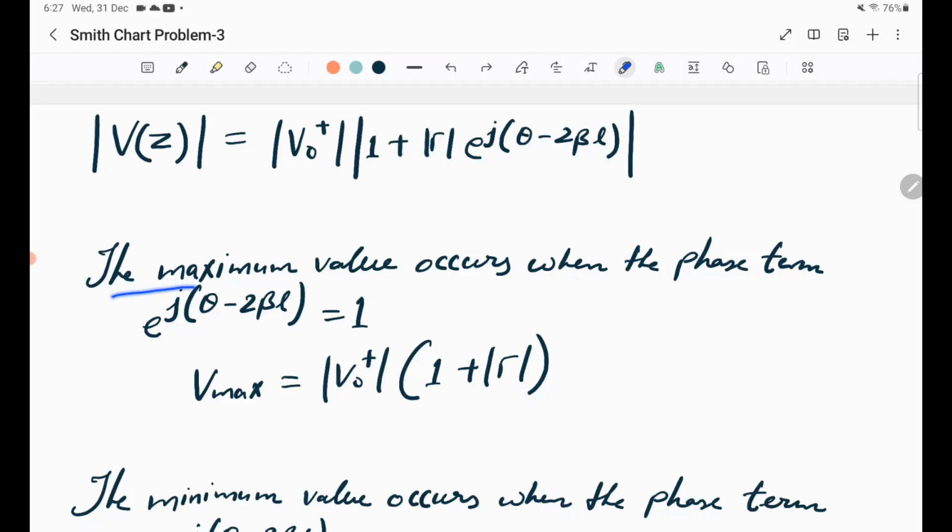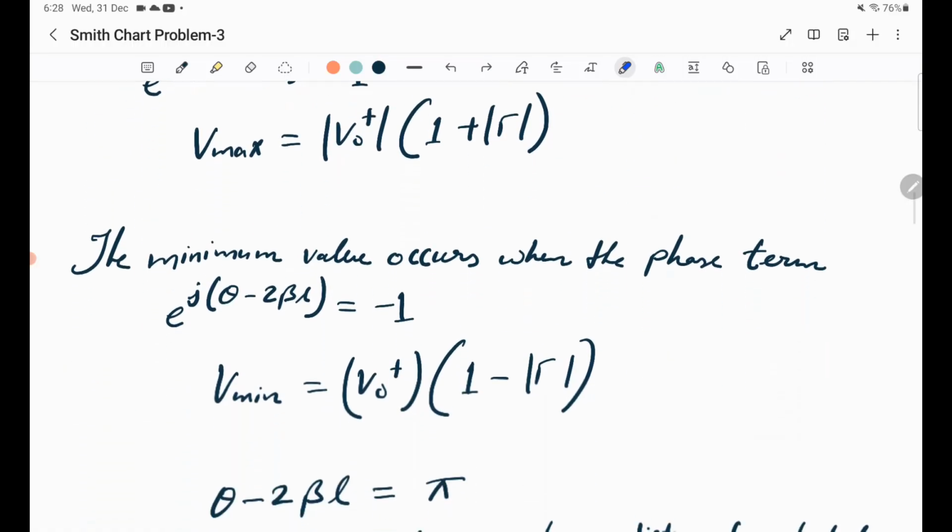Now the maximum value occurs when the phase term, e to the power j theta minus 2 beta L, is equal to 1. That means the voltage V will be maximum when this phase term is equal to 1. Therefore, V max is given by V0 plus times 1 plus mod of reflection coefficient, because this phase term is equal to 1.